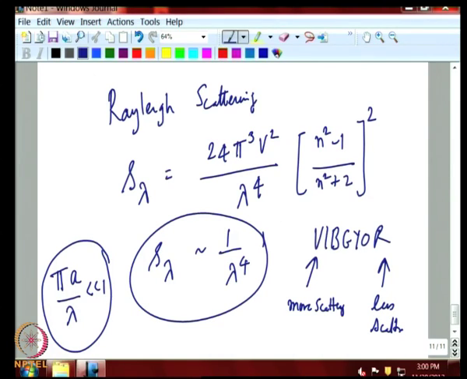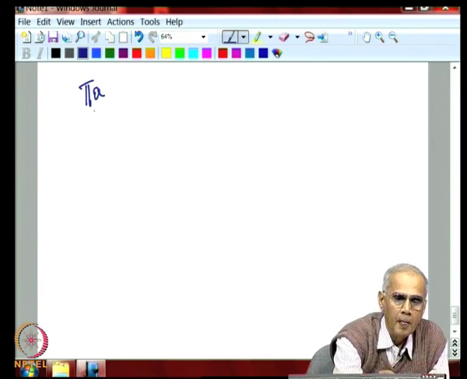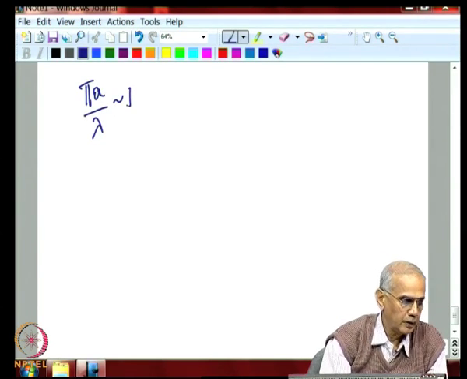In such a case, you have to deal with Mie scattering, and so in Mie scattering your problem is that the radius of the object is comparable to the wavelength of light.